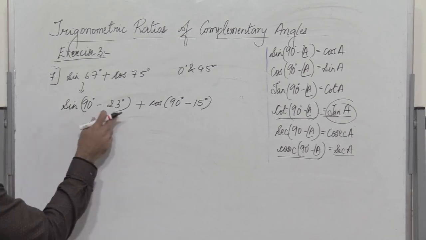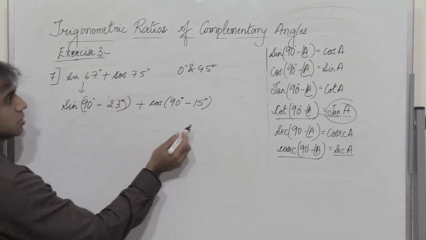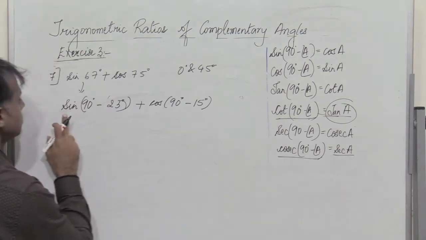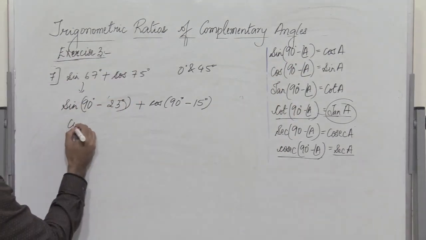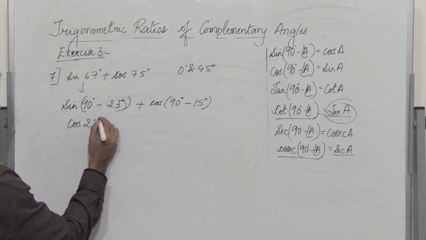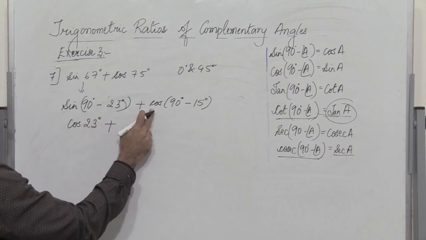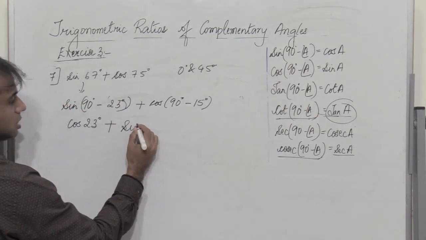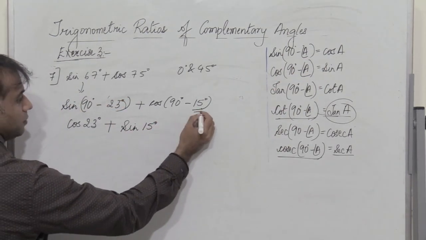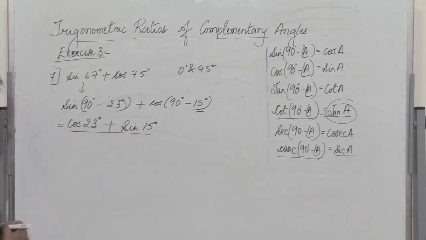So what is cos of 90 minus 23? Sine of 90 minus A is cos A, so I have cos 23. Plus, here I have cos of 90 minus A, which is sine A, so sine 15. Instead of A, I have 15, and this is the answer. So what is the question?